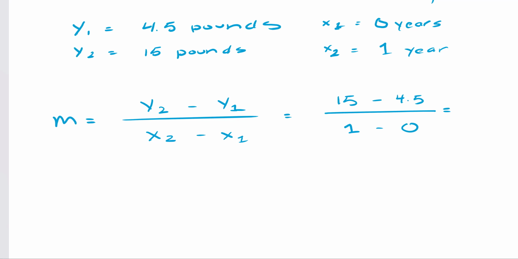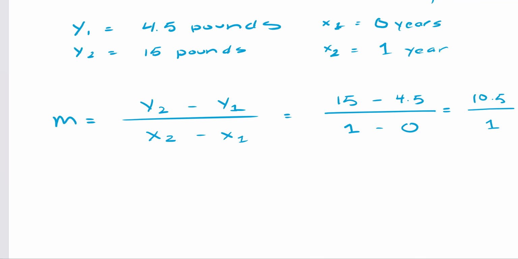So we're going to perform this calculation here. We have 15 minus 4.5. Brain math: 15 minus 5, which is 10, plus an extra half. You're totally welcome to use your calculator for that. There's no harm checking. And then 1 minus 0 is just 1. So we have just found the slope, 10.5 over 1.